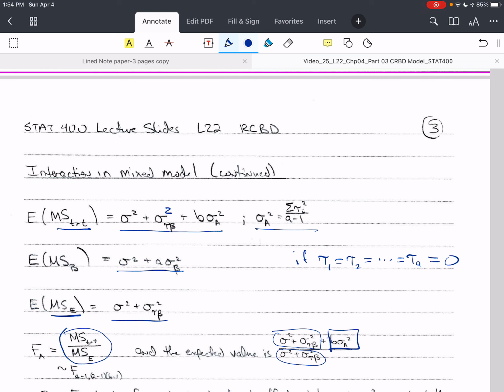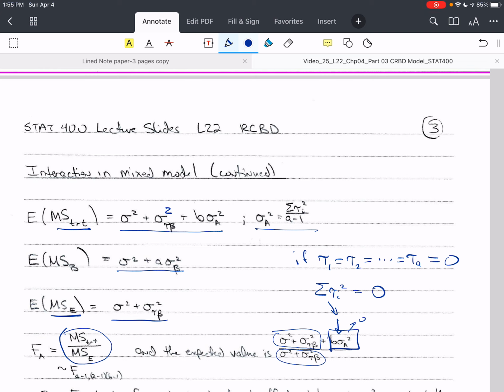So that makes perfect sense, actually. If they're all the same, then they're all 0, and the sum of tau_i squared would be the sum of zeros, which is going to be 0. Okay? So if that's 0, then we have an F of 1. The ratio is the same.